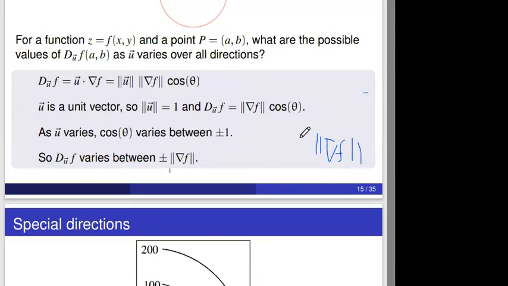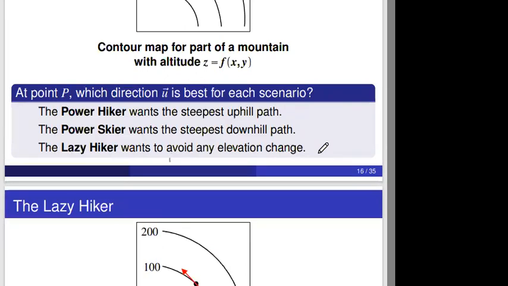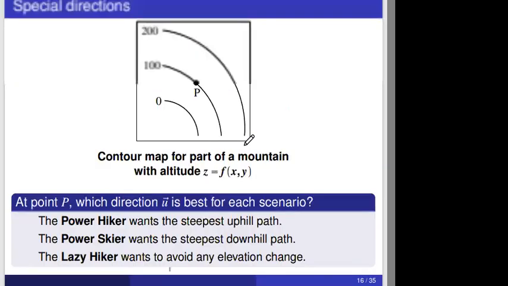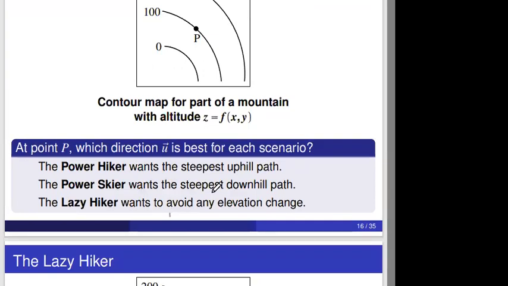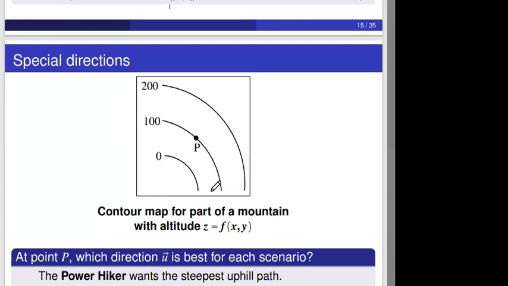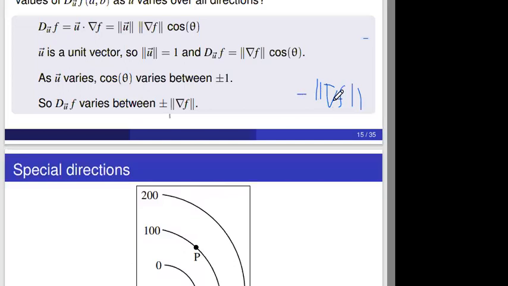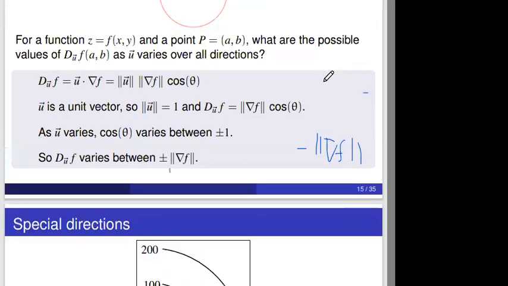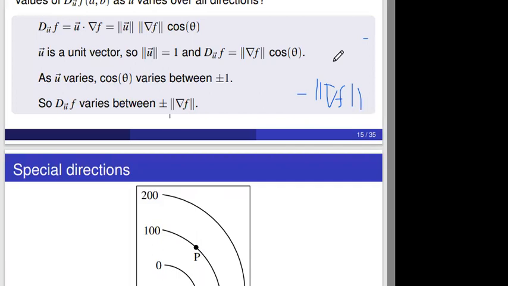If you have snow mountains, you can ski down the mountain. If the skier wants to take the steepest downhill path, he has to choose the negative of the gradient of f. If you have a power hiker, he has to choose this slope.